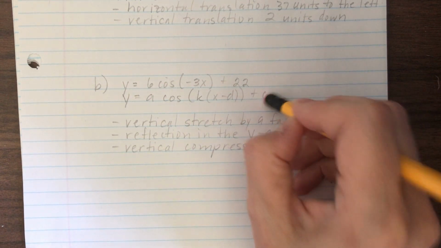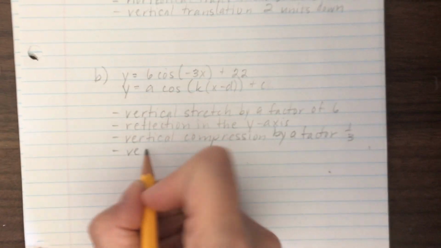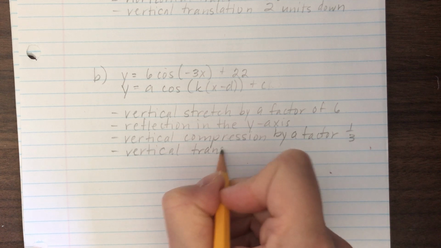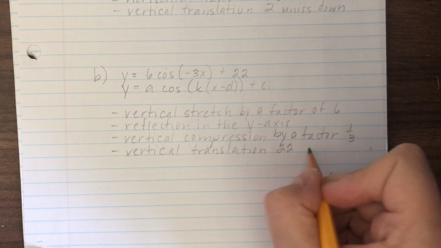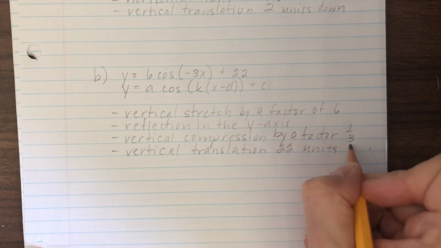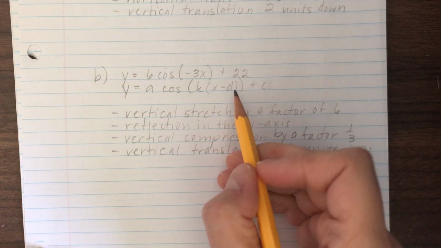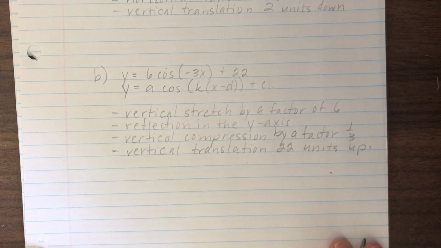And then c, in this case, is 22, and it represents a vertical translation 22 units up, since it's positive. Notice how we skip d, because d in this case is 0, so we don't have a horizontal translation.